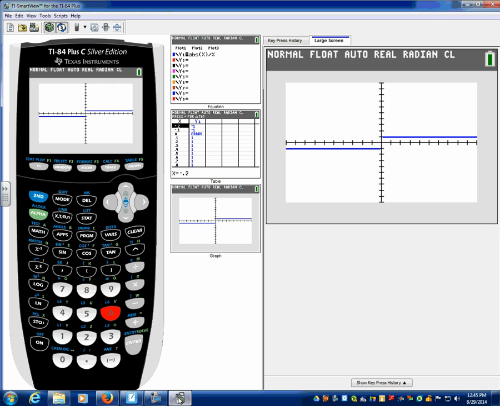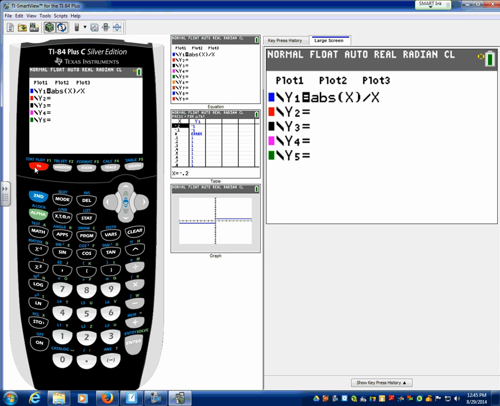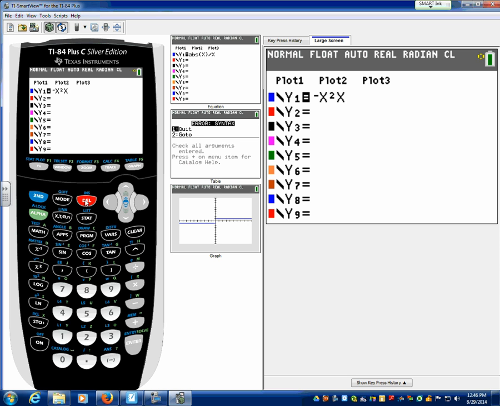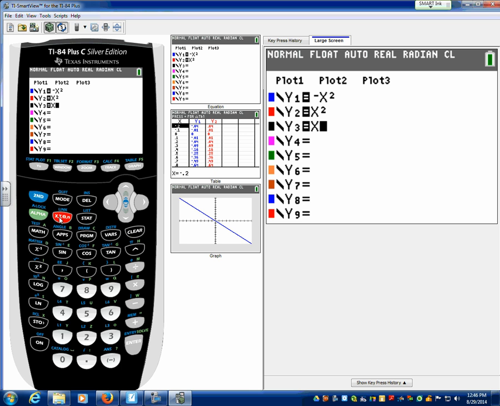So let me go back to the graphing calculator. We're going to type in negative x squared. You can just watch this. And I'm going to type in positive x squared. And then I'm going to also type in x squared cosine of 1 divided by x squared, right? And I'm going to graph all three.